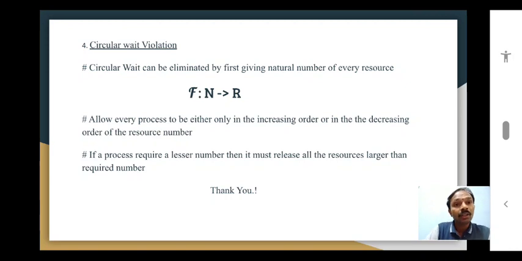But here we are assigning a number to every resource. So let us say we take one function wherein a number n is given to every resource. So allow every process to request resources only in increasing order or only in decreasing order of the resource number.